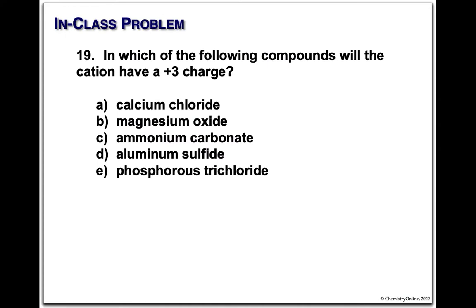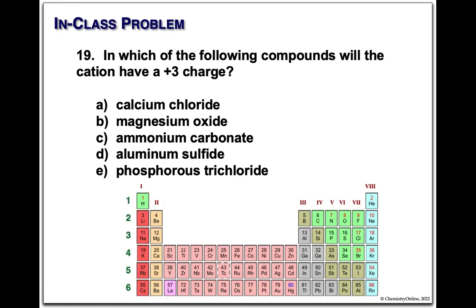Which of the following compounds will have a cation with a +3 charge? This is simply an exercise in finding them on the periodic table and identifying the group number. Calcium, group 2, +2 charge.